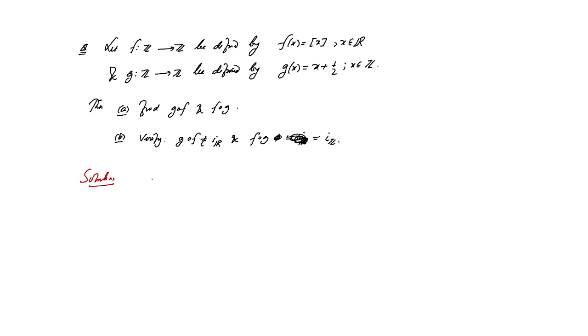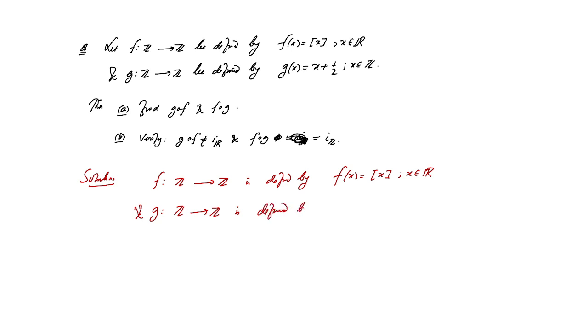So we come to the solution now, where f is defined by f(x) = floor function of x, where x belongs to R, and g: Z to Z is defined by g(x) = x plus half, where x belongs to Z. So here g is basically from Z to R, and f is basically R to Z. So f: R to Z, and g is Z to R, the set of real numbers.